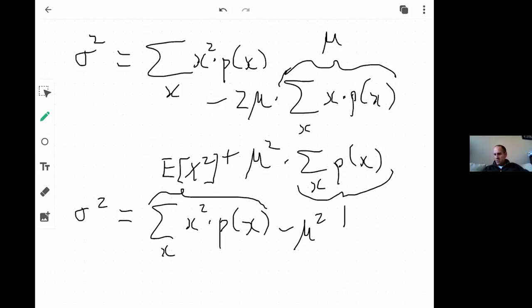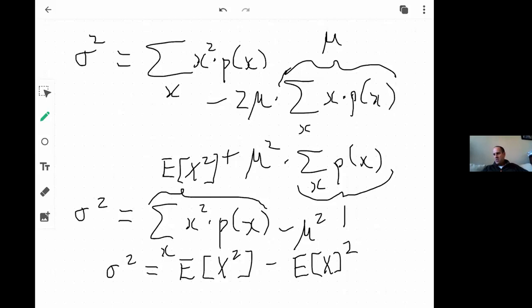So look, we get this nice little formula for the variance. Sigma squared is equal to the expected value of the square of x minus mu squared, which is really like the expected value of x with the square on the outside, because that's what mu is, and I square that on the outside.